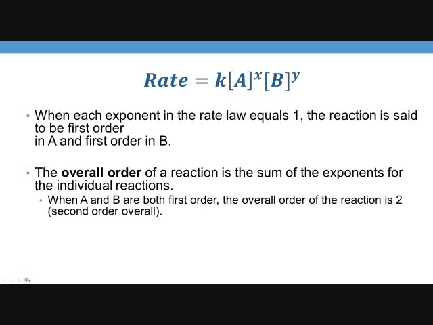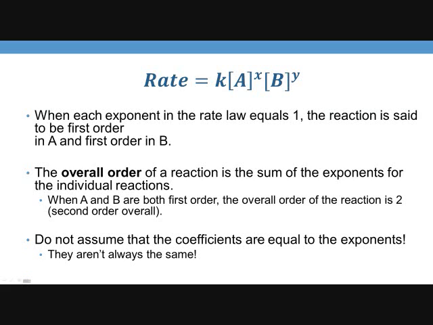But we want to make sure that we pick the columns that are constant in the area that we're not focusing on, okay? So we'll kind of see that, and if you need more help, you can ask me in person. But remember, don't assume that the coefficients are equal to the exponents. They're not always the same from the balanced equation.